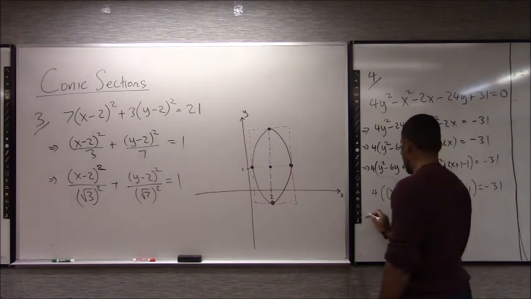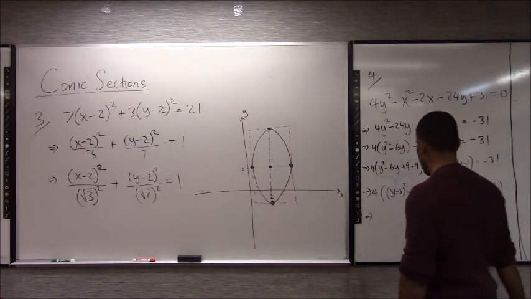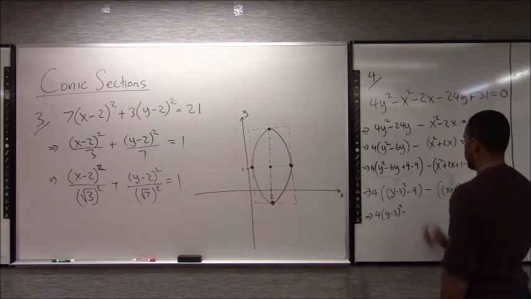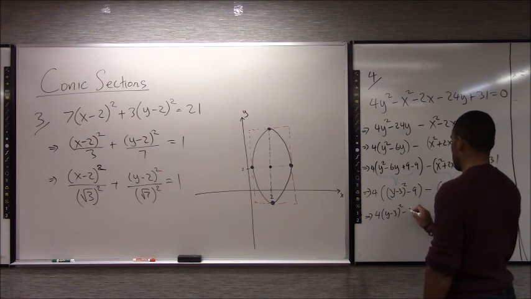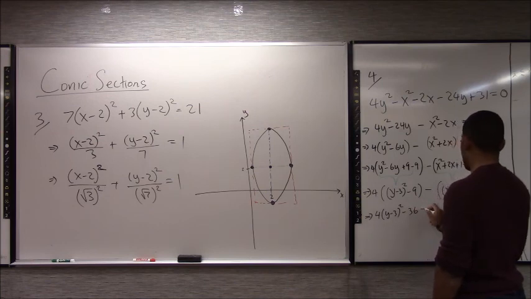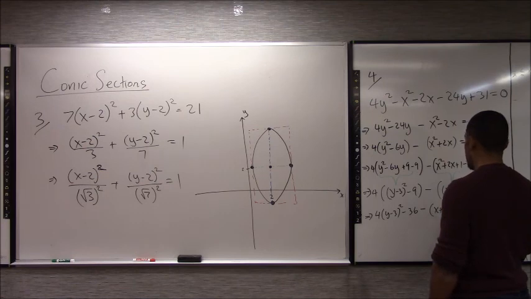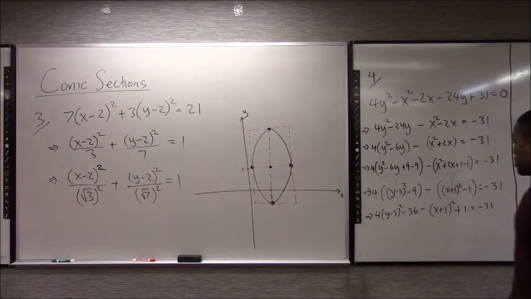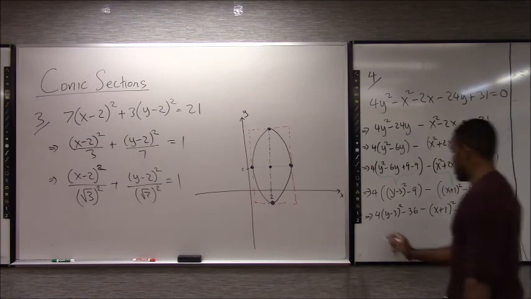So now we'll expand that. So this is 4 times y minus 3 squared. 4 times 9? 36. Minus x plus 1 squared plus 1. Now we are simply going to move these guys to the other side.